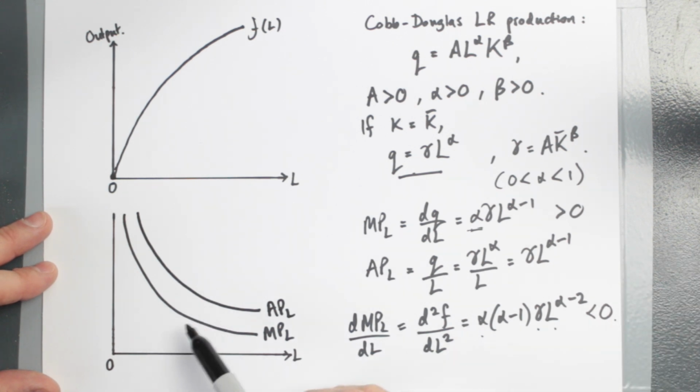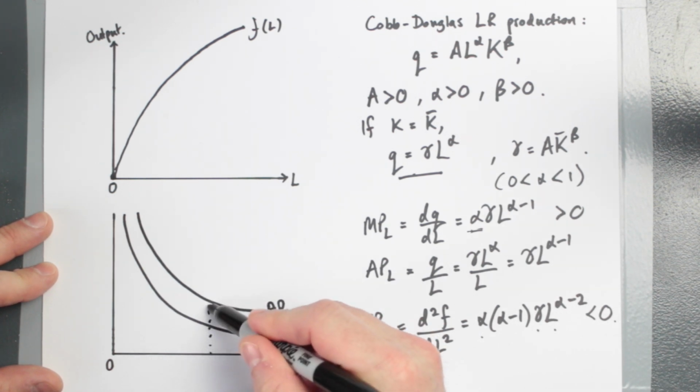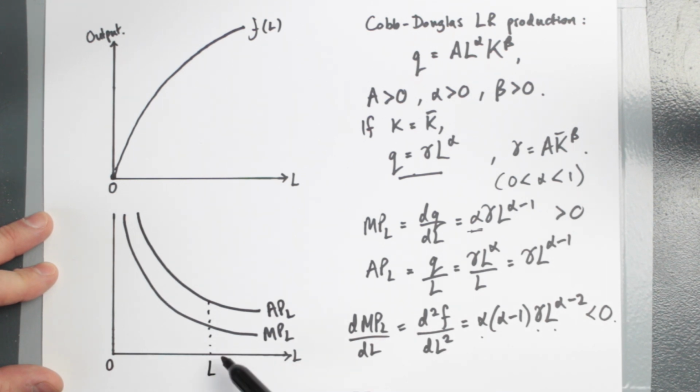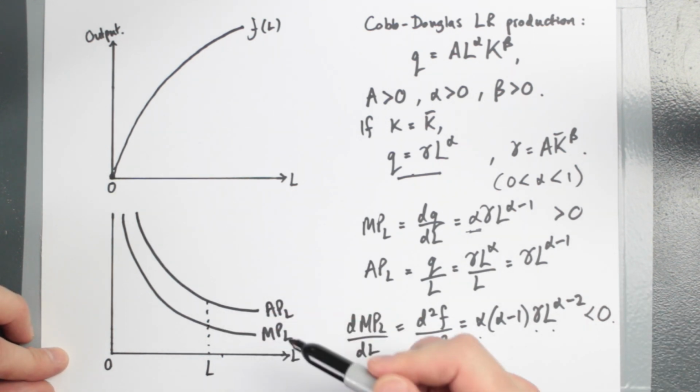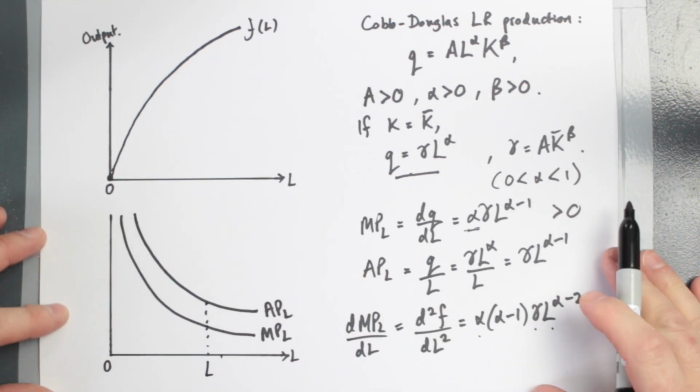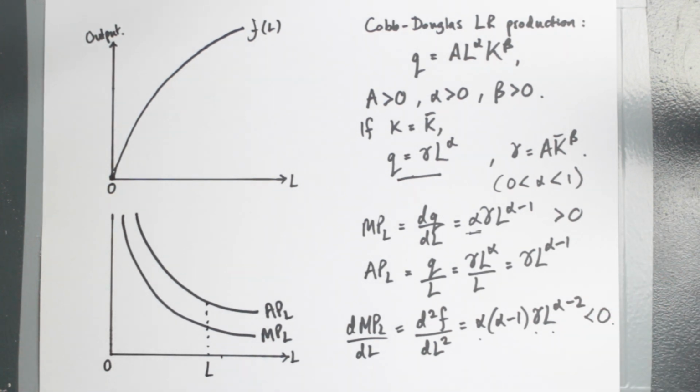Now, there's a nice thing to notice here, which we'll come back to towards the end: if I pick a particular L, then the marginal product is below the average. What does that mean? Let's interpret that in economic terms. If I employ another unit, somebody else, the marginal product is going to be below the average. If you think in terms of your grades, if you get one more grade and it's below your average, you know that your average comes down.